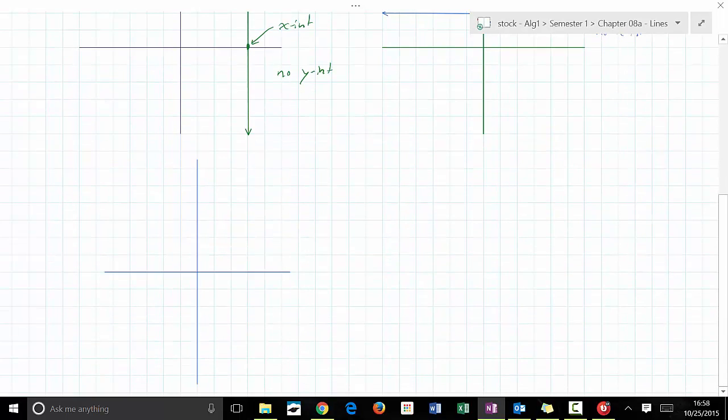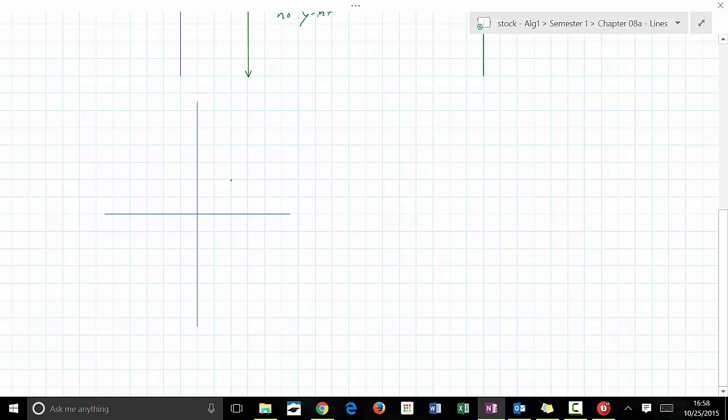So if I look at one right here and I put a point at 2, 2, and then I put a point at -1, -1, let me write that right here, and then if I connect those two points with a line, and I'm looking ahead to see where I need to put this so it completely goes through both those points, I can see I have both an x and a y-intercept.